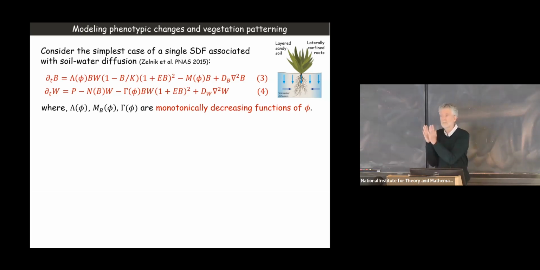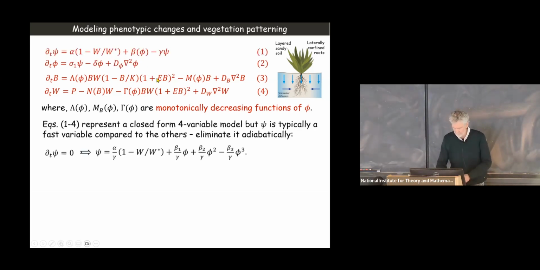And then I want to consider confined roots, and therefore I can get rid of those integrals of the laterally spread roots. This gives rise to this algebraic factors where E is the root to shoot ratio.